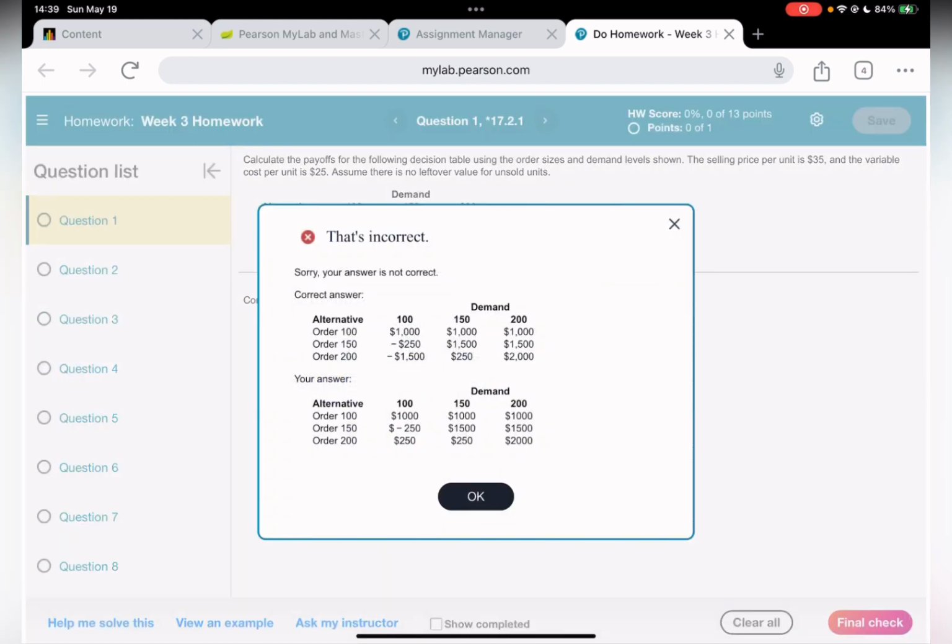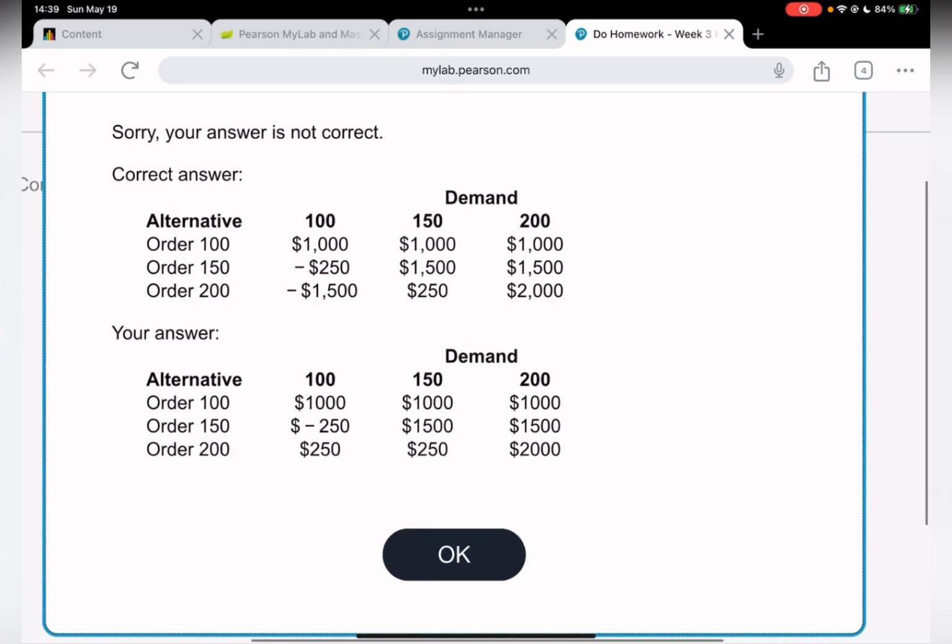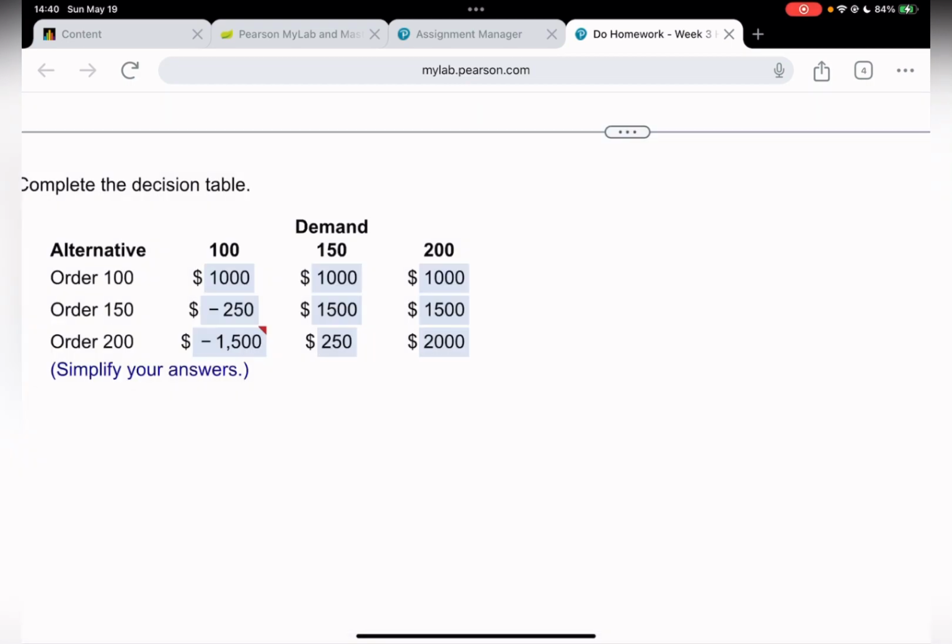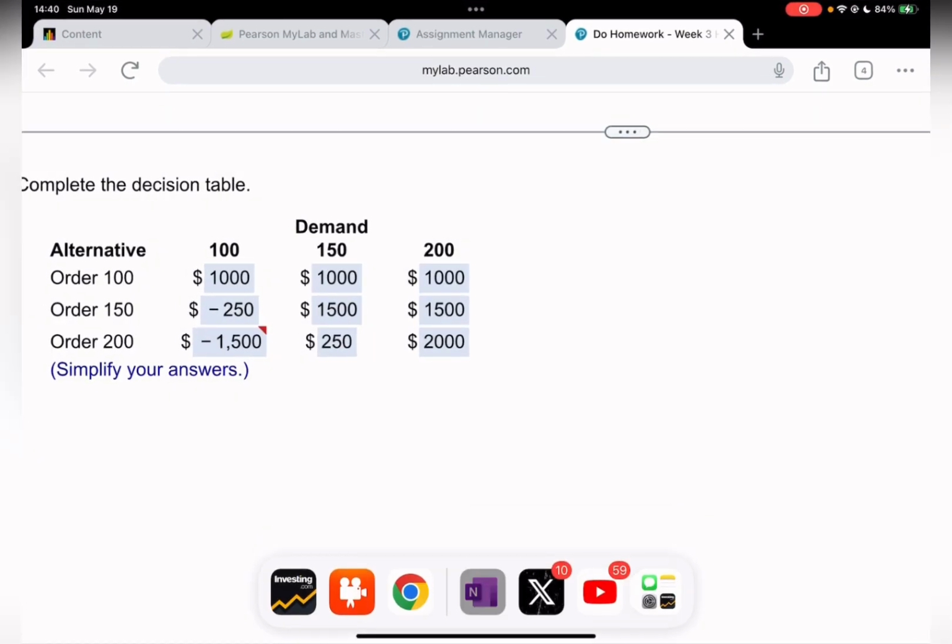Okay, it opened. Let's see what is wrong. Didn't I have at the beginning 1,500? 1,500, 250, 1,000, 1,500, 2,000. Well, let me open it. Before I had 1,500 and it didn't take it.